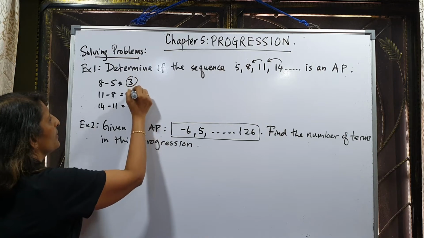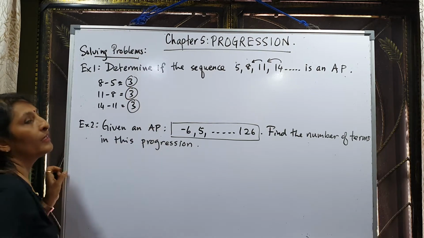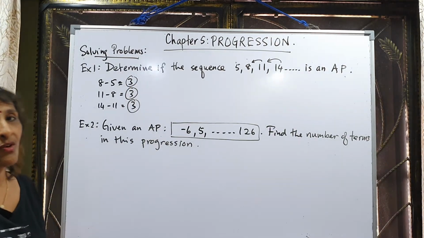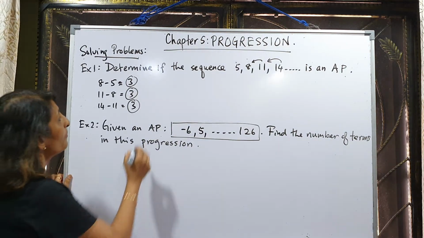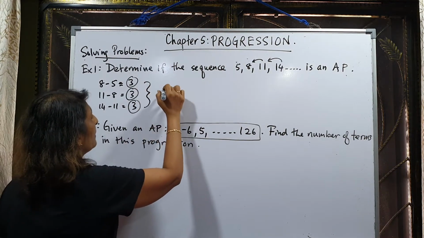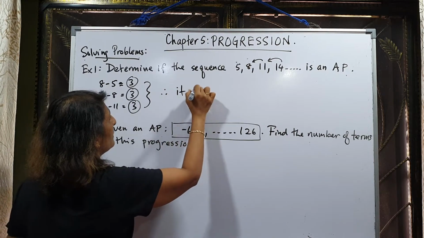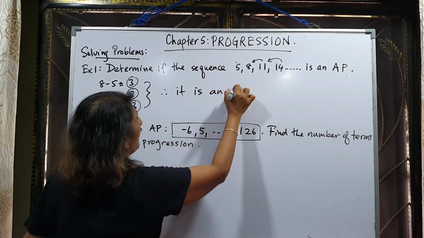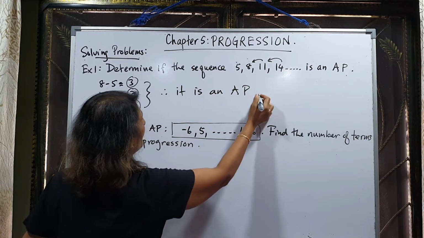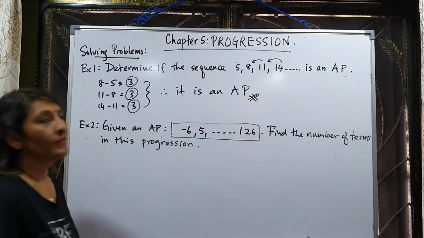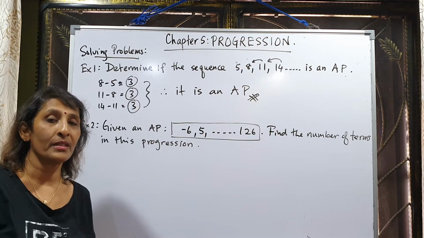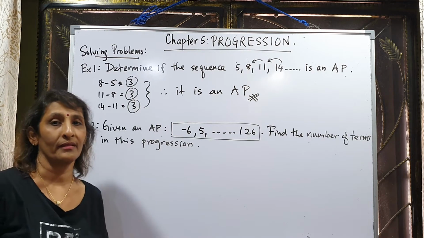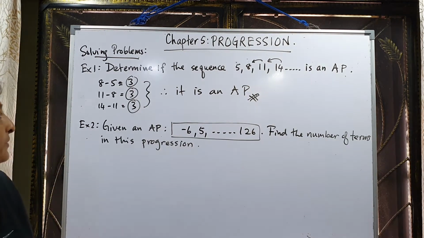Okay, since you see that, you notice that they do have a common difference, all the common differences are the same, therefore the conclusion is, therefore it is an arithmetic progression. Okay, this is your answer. You have to check every single one of them to check whether it's a common difference or not. Every single one. Alright, so that's how you do the first question.